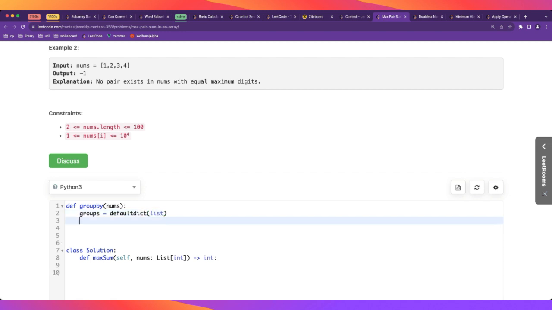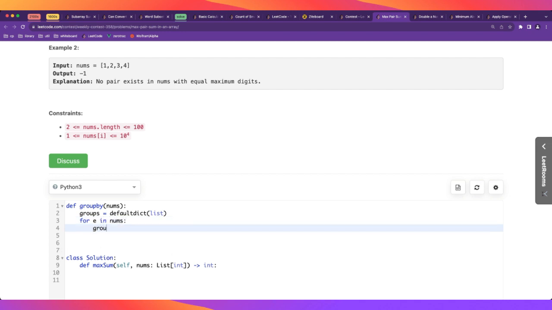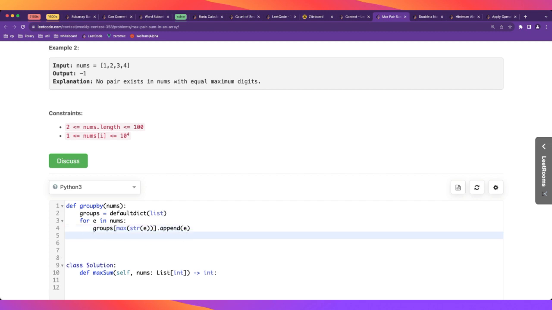We are going to go over all the elements, and we are going to use as the key the max digit in the same way that we computed in the previous solution, and we append the value to the group. And that is pretty much it.